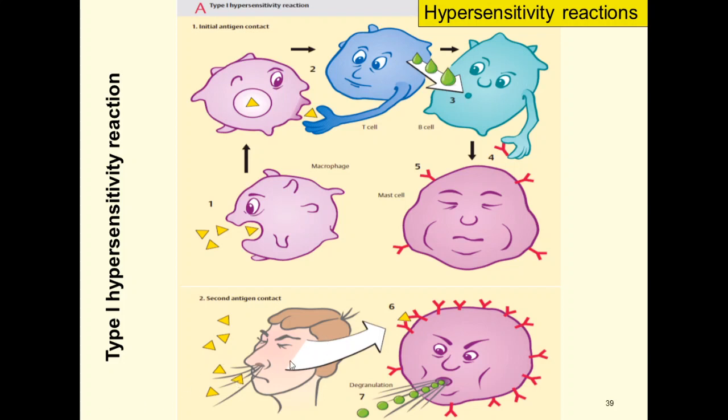So these antigens are inside the organism and fix with immunoglobulins E, and we have degranulation of the mast cells.